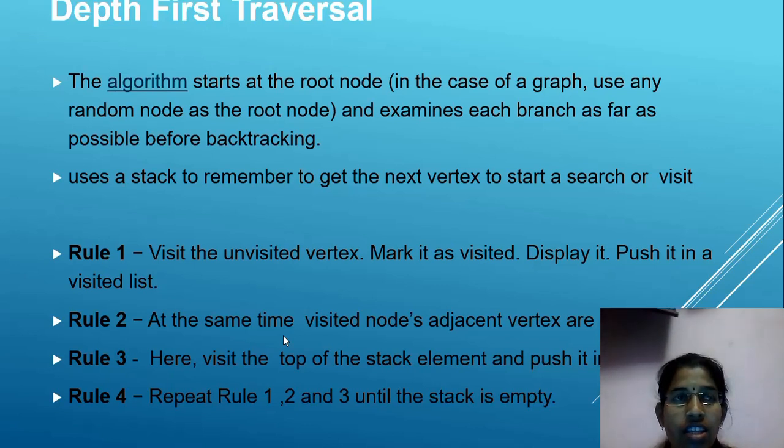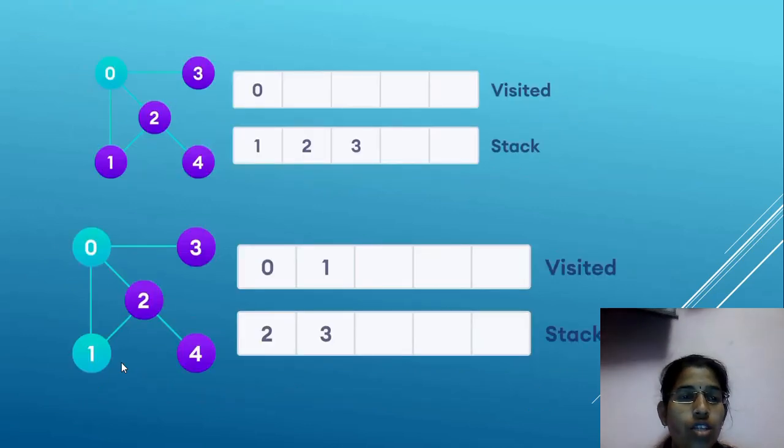Finally the visited nodes are inserted in the visited list. Repeat steps 1, 2, 3 until the stack is empty. Now we go to see one example. This example graph is a collection of 5 nodes.